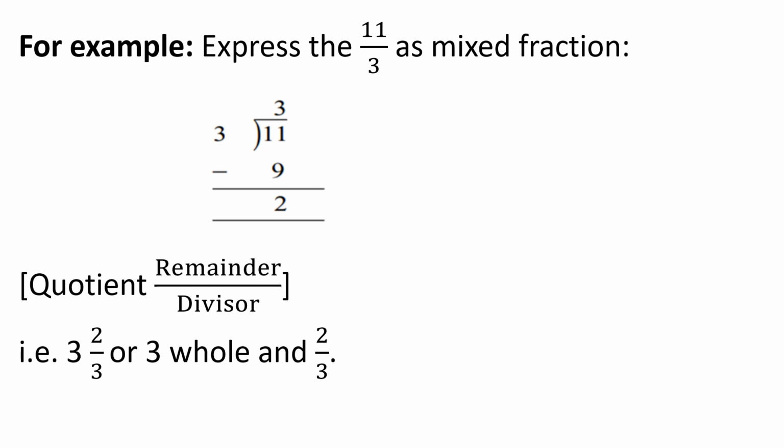Express 11 by 3 as a mixed fraction. 11 by 3 is an improper fraction, so we can convert it into a mixed fraction. We have to divide 11 by 3. After dividing 11 by 3, we got 3 as quotient, 2 as remainder and 3 as divisor. So the answer will be 3 integers 2 by 3.